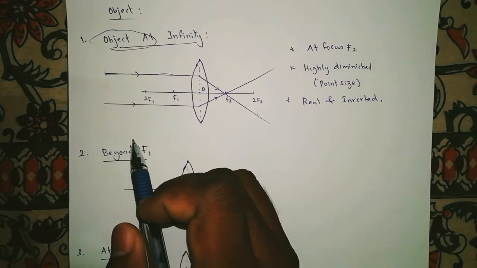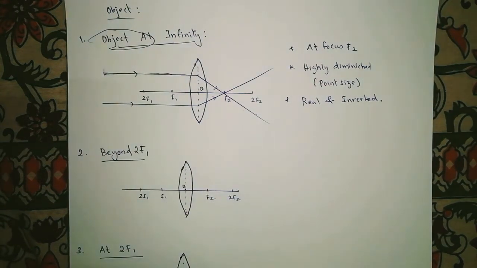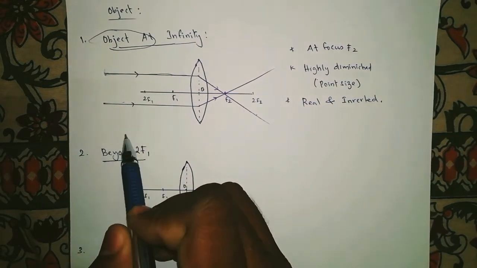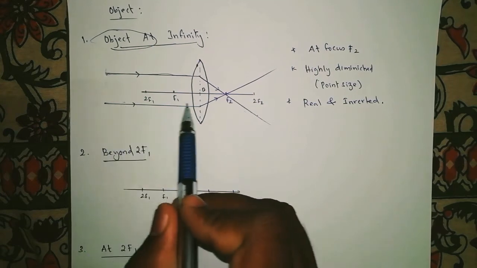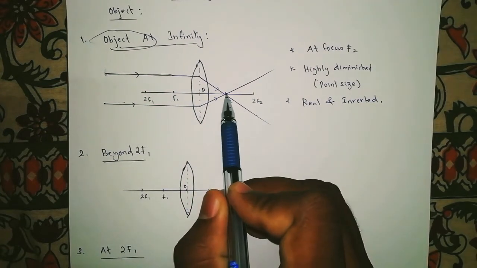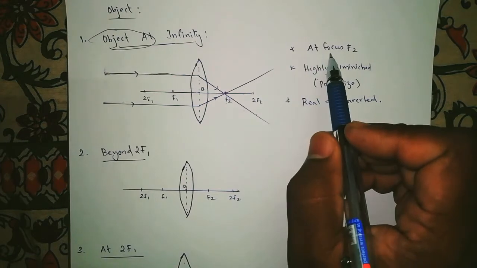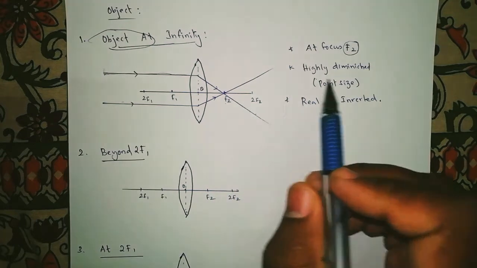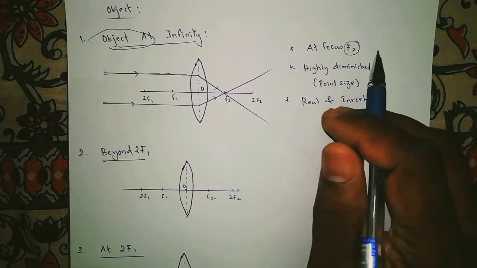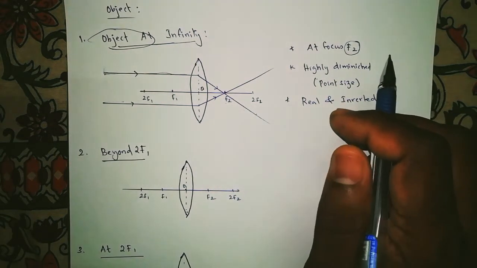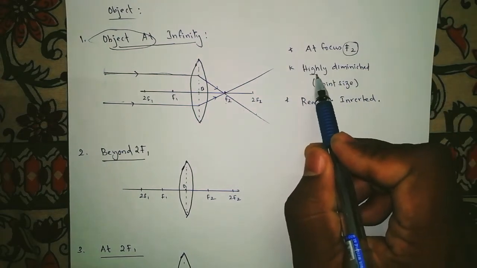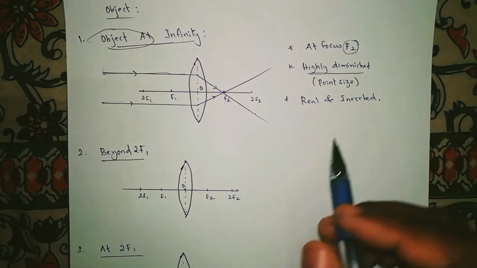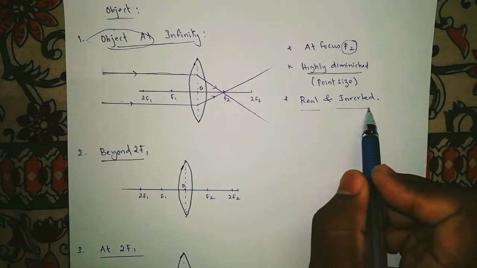The reason is we can see the ray from two different sides. So what happens when it comes here, both combine at the focus. At focus f2, where it joins, the size of the image is highly diminished. It looks maybe like a point size, and they are real and inverted.